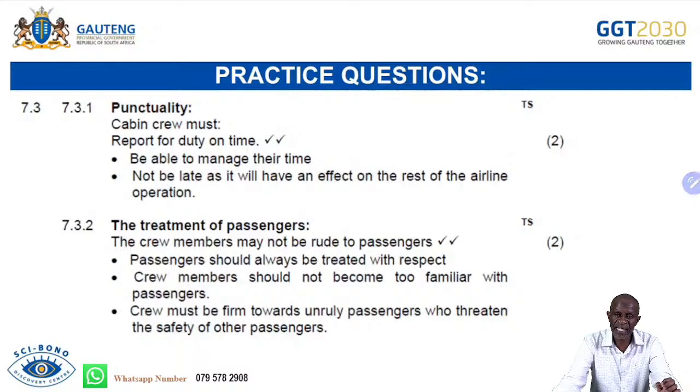So there are certain expectations of you with regard to punctuality, that at all times you have to arrive on time. So reasons for late coming are not entertained at all. So cabin crew must report for duty on time, be able to manage their time, not be late, as it will have an effect on the rest of the airline operation.